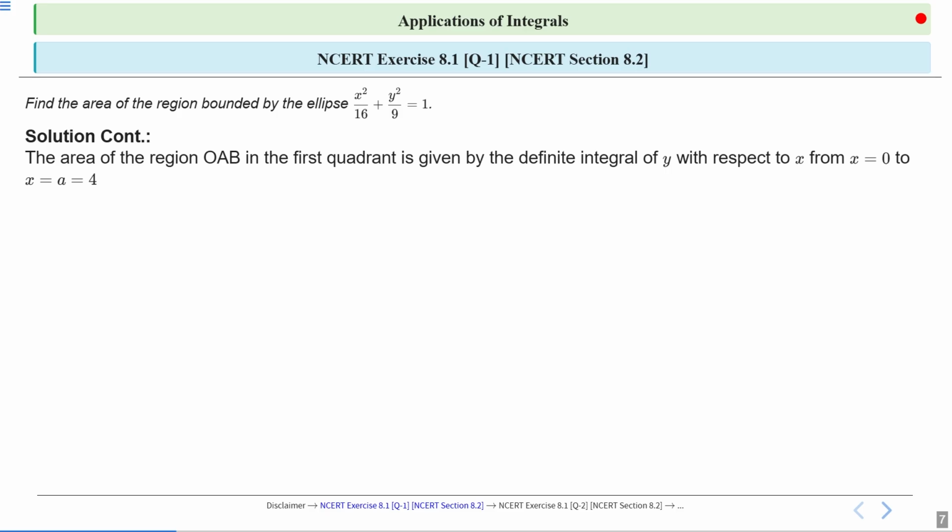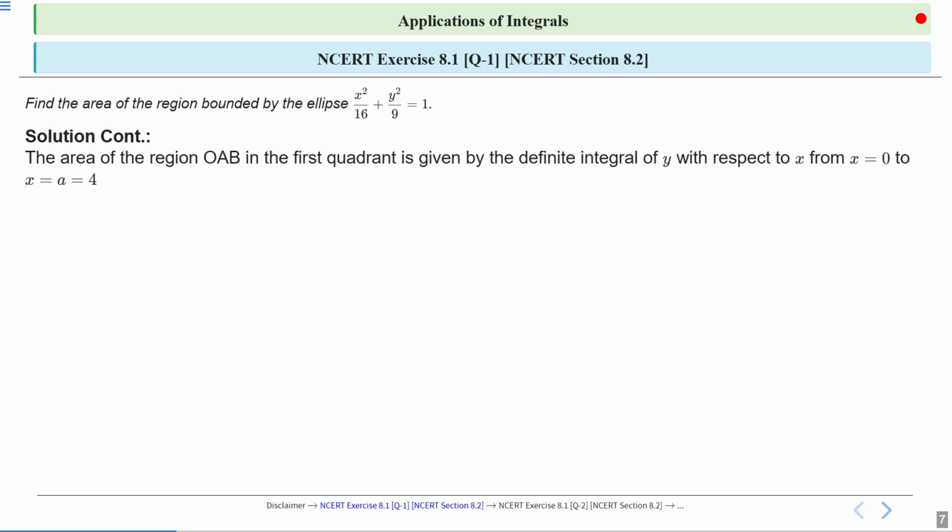In this quadrant, take a vertical strip parallel to the y-axis. The length of the vertical strip is y, and the width of the vertical strip is dx. It is a rectangle, so the area of that strip is y dx.